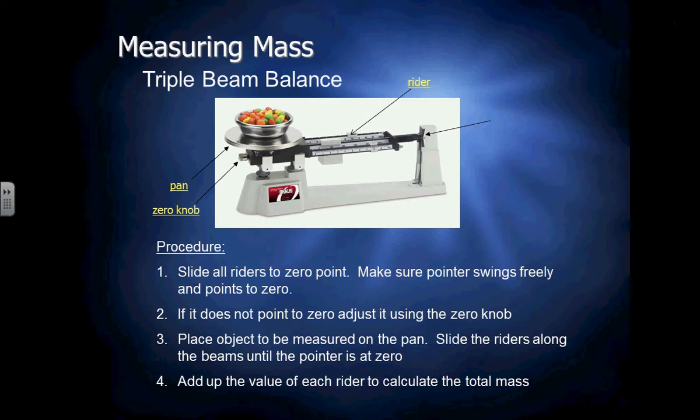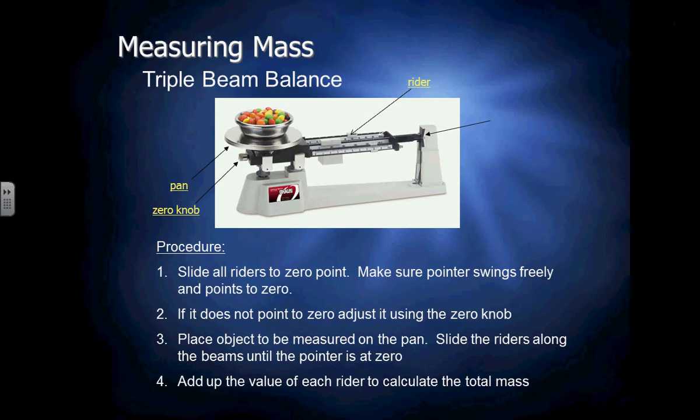The pointer is a little above the zero mark. So I rotate this zero knob a little bit to adjust that. That helps to calibrate this balance. Now the pointer is right at zero when there's nothing on there. That's good. So when I put an object on there, I'm going to get an accurate measurement of its mass.